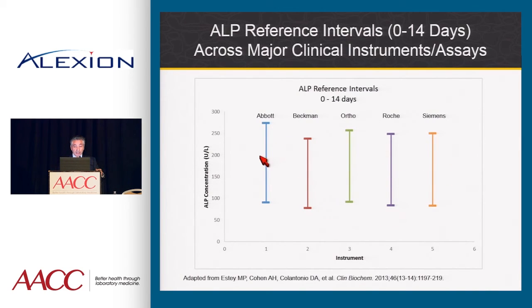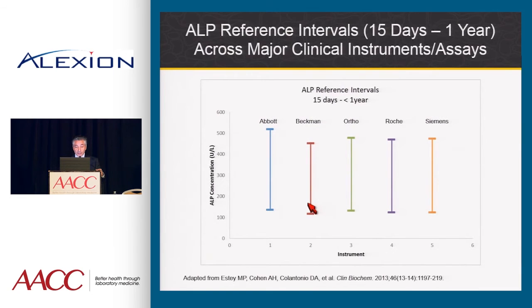This is for 0 to 14 days, the reference range for the first 2 weeks of life. You can see not a huge difference. There are minor differences, but not huge. You see the same type of comparison. Beckman levels tend to be slightly lower, but it's still very comparable across the instruments. So using different instruments is not an excuse for using inappropriate reference intervals. They actually compare quite well.